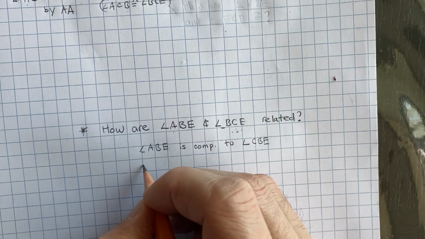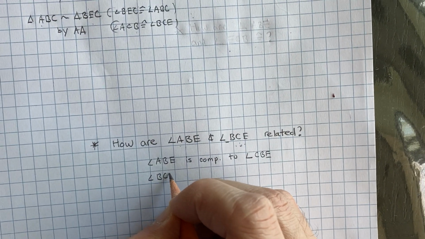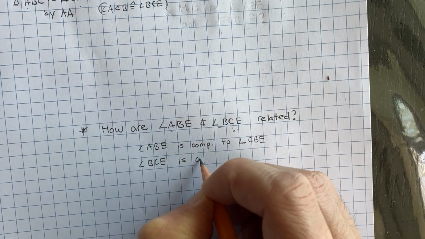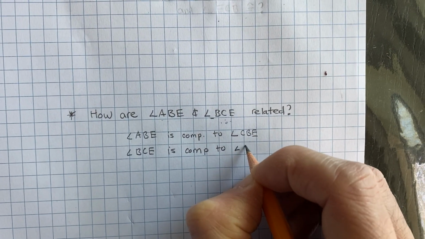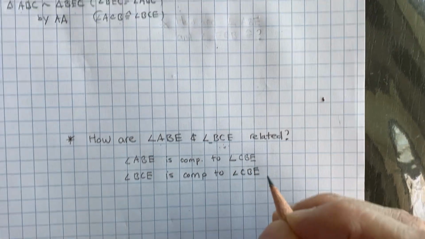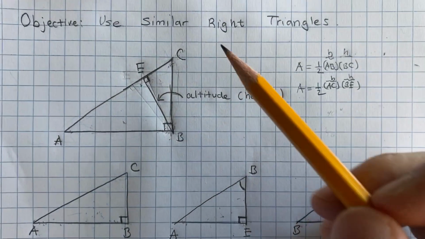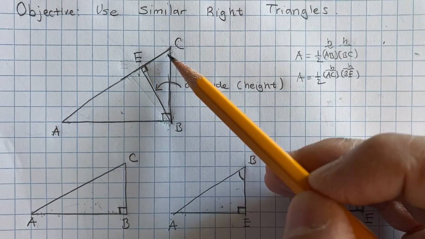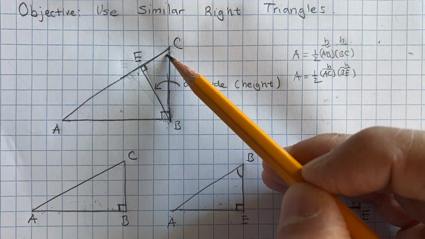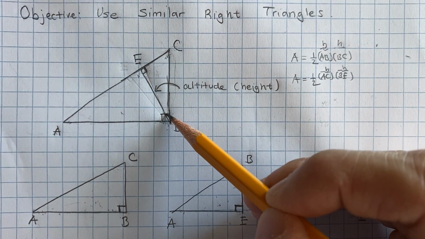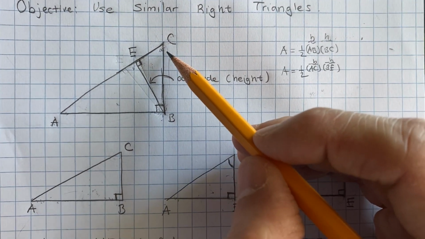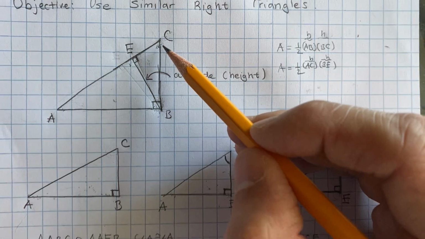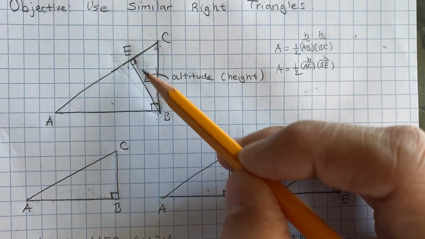Okay, so angle BCE is complementary to angle CBE. Let's go back and look at that, right? Angle BCE, which is this angle, is complementary to this angle. These two angles have to add up to 90. Therefore, I can make that statement, angle BCE is complementary to CBE.